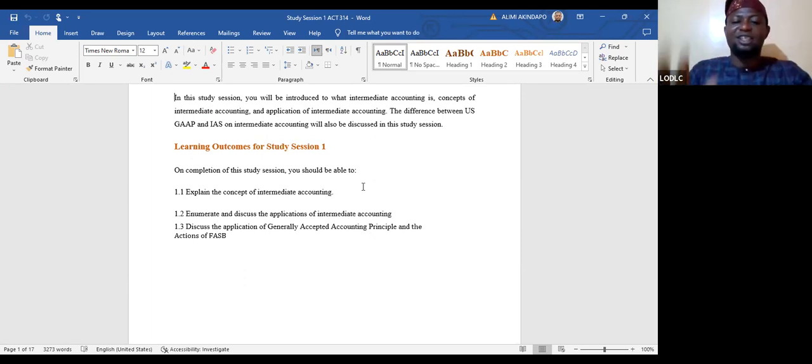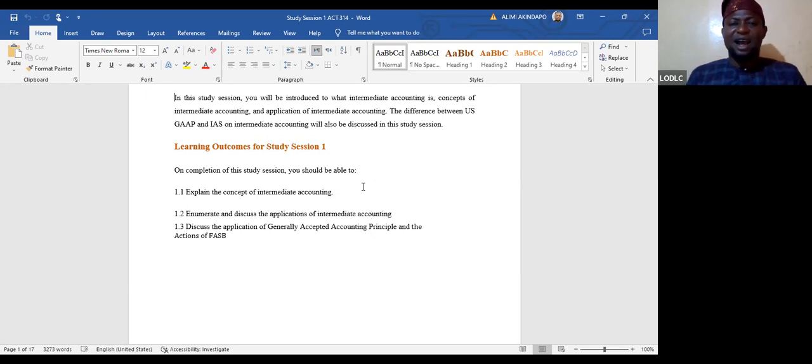When students read this topic, at the end of it they should be able to boldly say that they understand the concept of intermediate accounting, its application, and lastly, the application of generally accepted accounting principles and the actions of FASB. Then if you look at this learning outcome, we discover that it is concise.